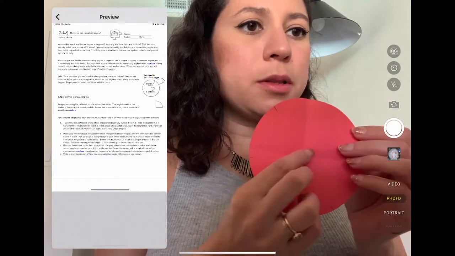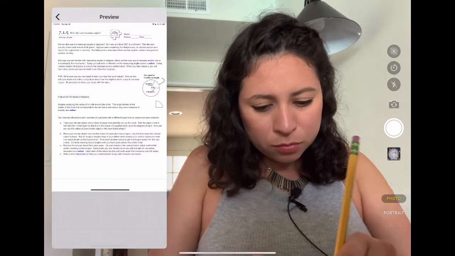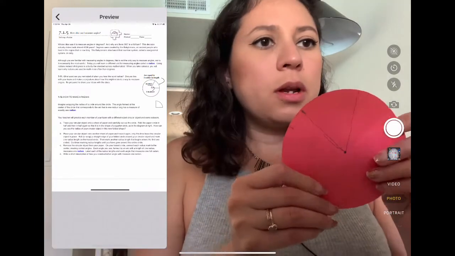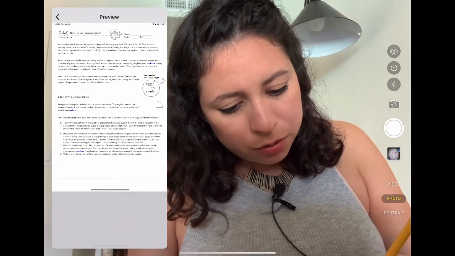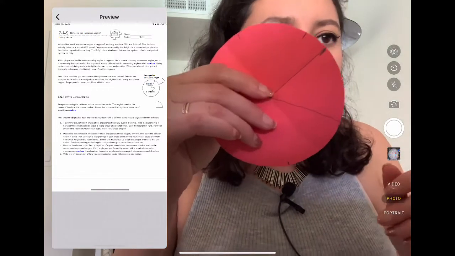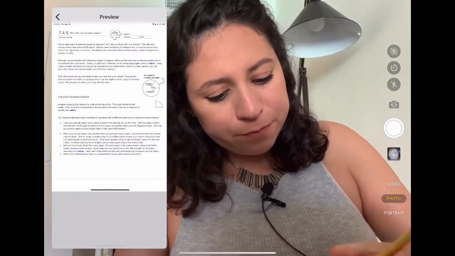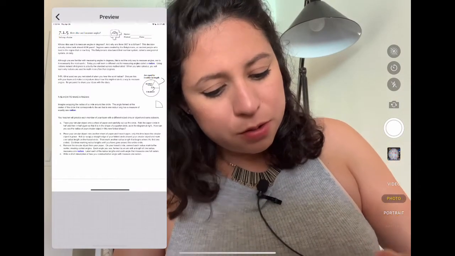And then I'm gonna mark the center. And I make the lines to those markings. Every one of those slices is called a radian. So this is 1 radian.